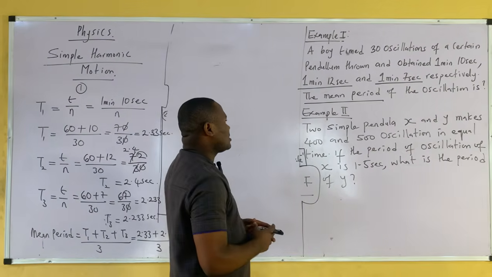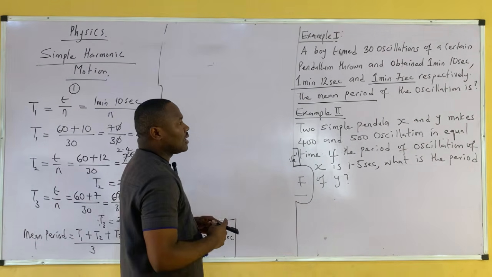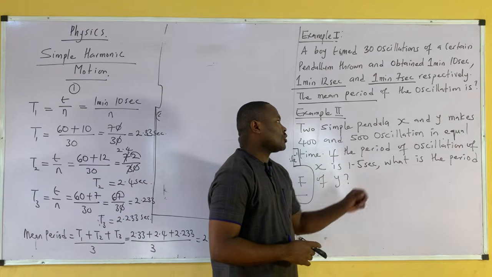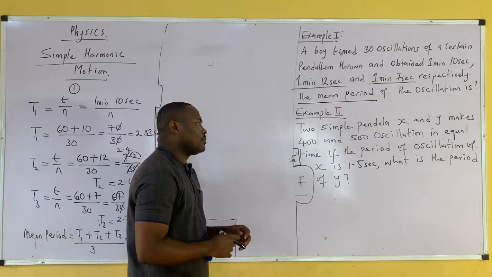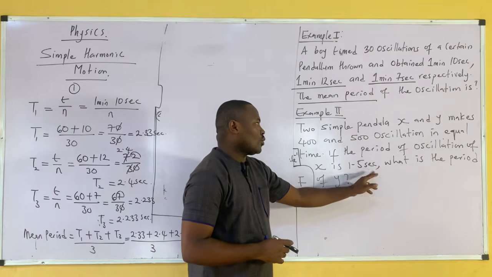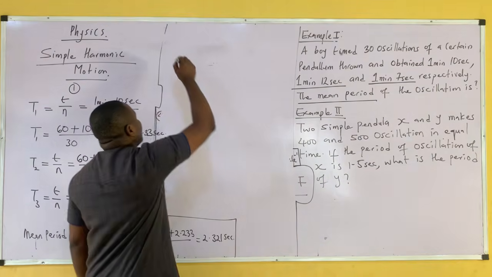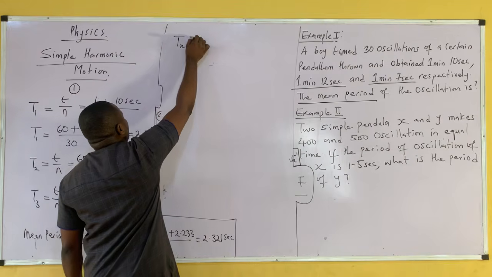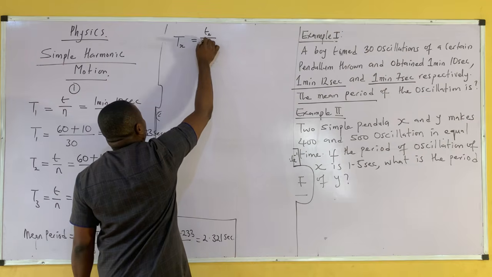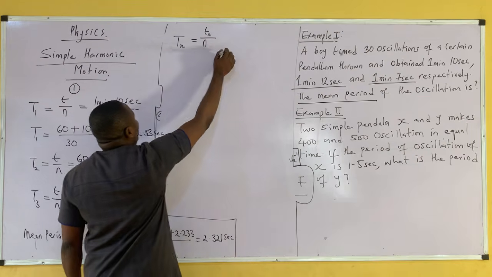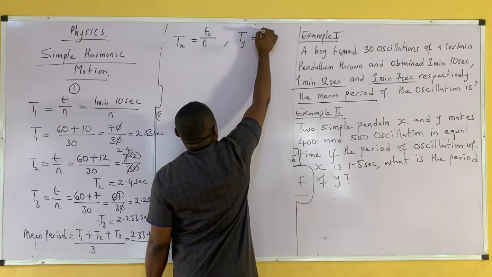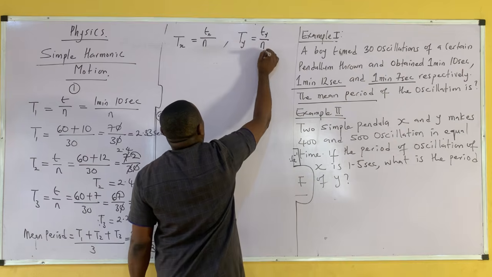Now, what about question number 2? Question number 2 says, two simple pendula X and Y make 400 and 500 oscillations in equal time, if the period of oscillation of X is this. So they gave us the period, we should find the period of Y. Now remember, period of X is equal to the time taken of X over the total number of oscillations, while the period of Y is also equal to the time taken of Y over the number of oscillations.